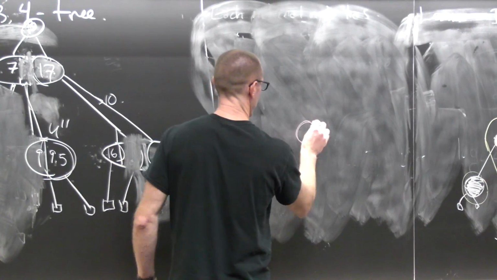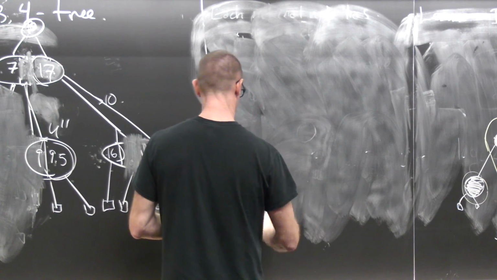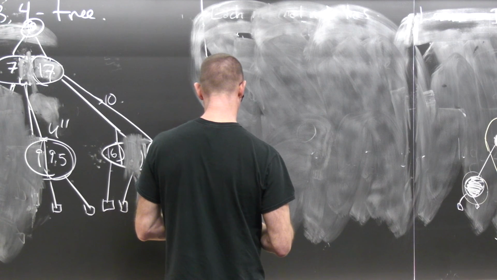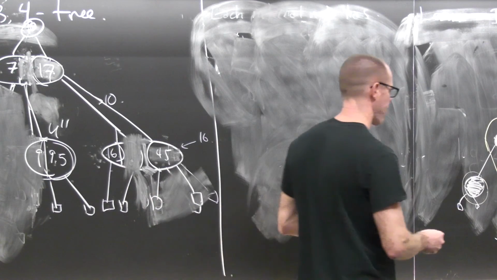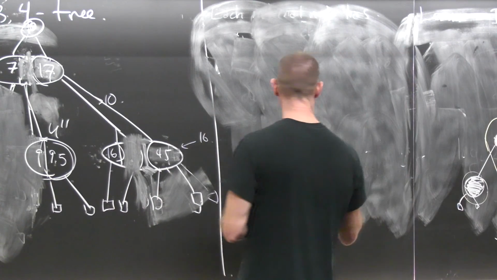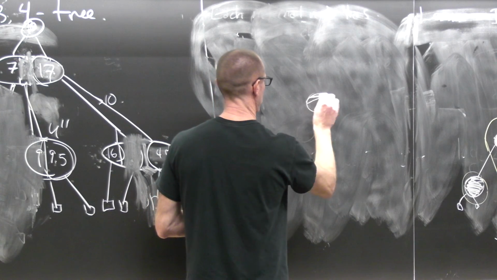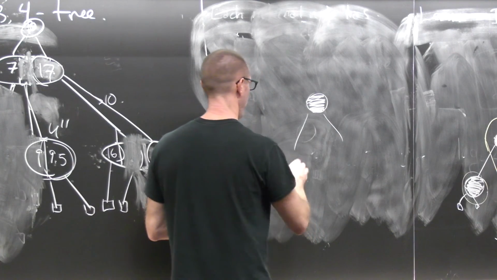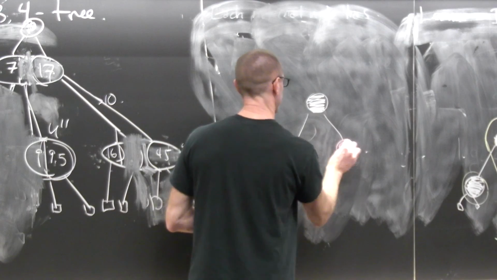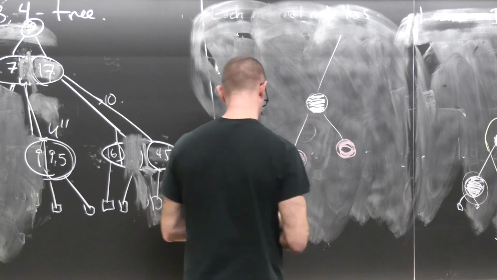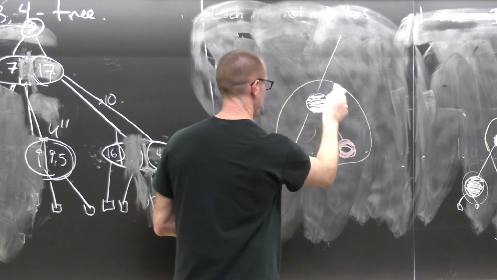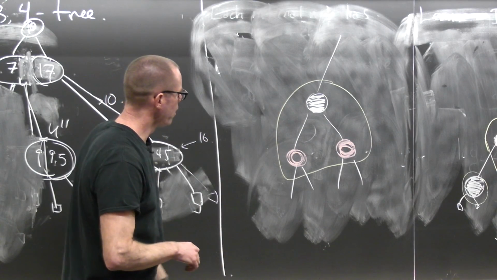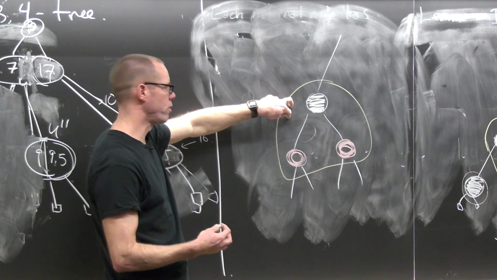if you have a black node with two red children, so that corresponds to a node with 4 children in your 2-4 tree.